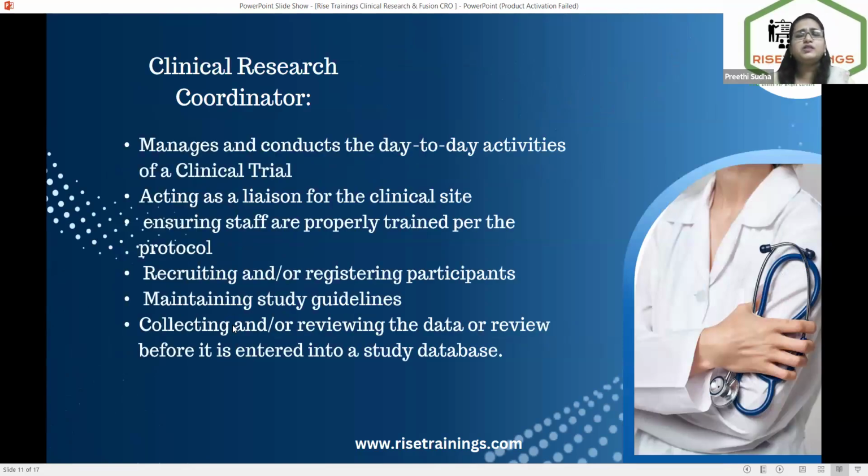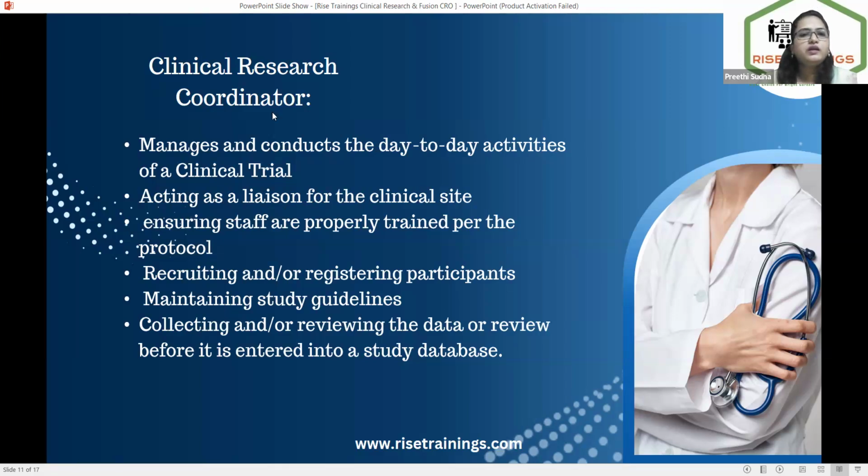And there is the clinical research coordinator. What are their responsibilities? The clinical research coordinator manages and conducts the day-to-day activities in a clinical trial, and acts as a liaison for the clinical site.